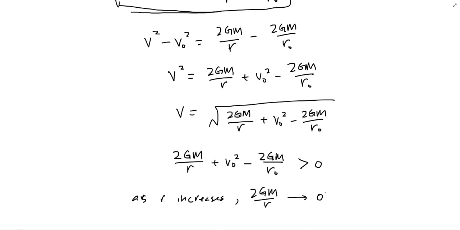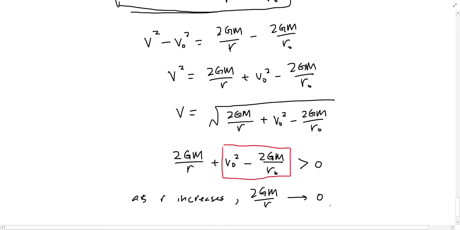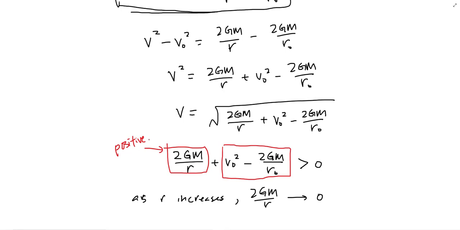But regardless, that number continues to get smaller. And because of that, what I probably want to do is make sure that this part of our formula, which is the constant part, is at least bigger than 0 to begin with, because this part is always positive. It approaches 0, but it's a positive value, meaning as r increases, this value gets smaller and smaller.